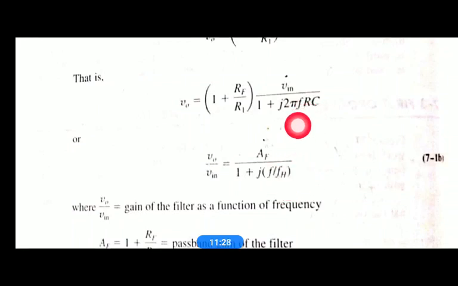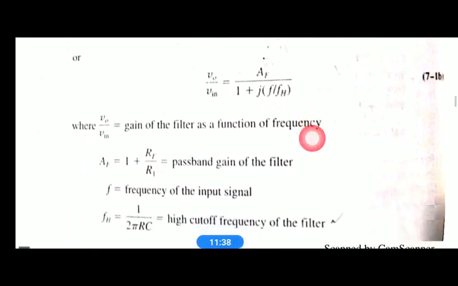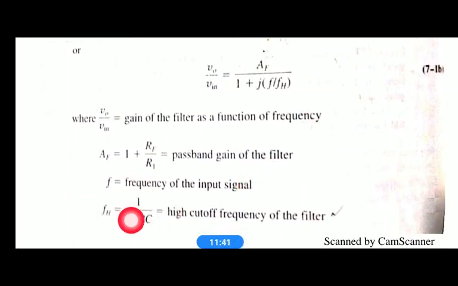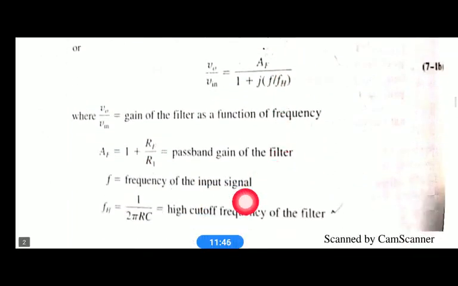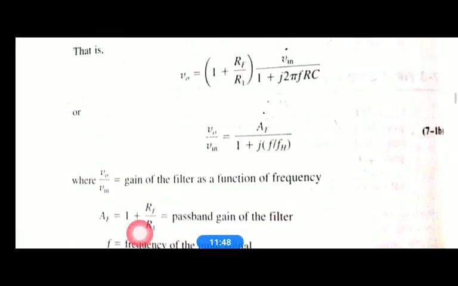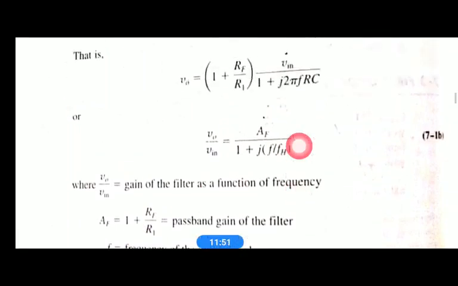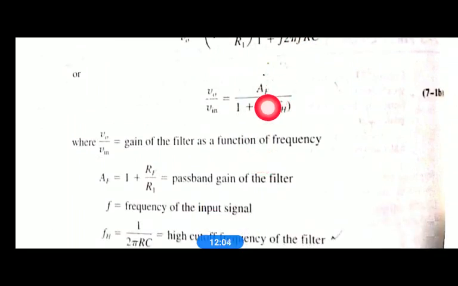Here we take j 2 pi RC, and we replace 1 by 2 pi RC with fH, which is our cutoff frequency. So you see clearly in the circuit, 2 pi RC we are replacing by 1 by fH, and f is as it is and j is as it is, and this is our gain of the filter.